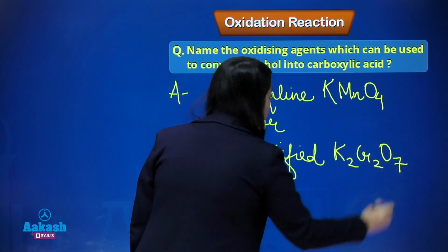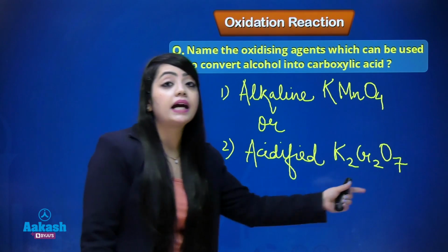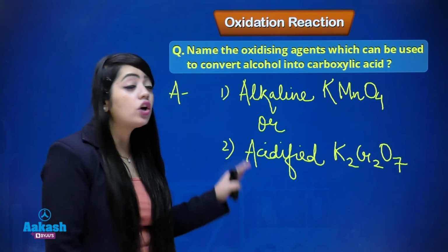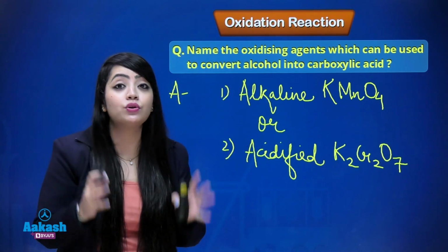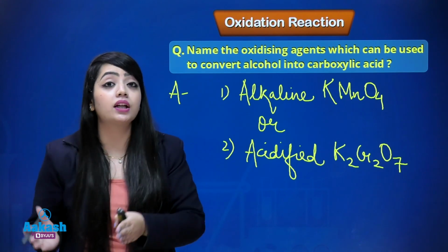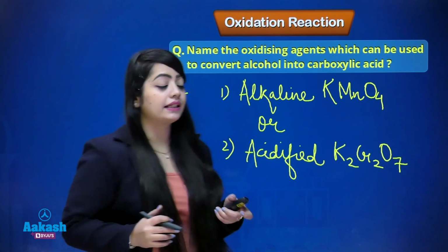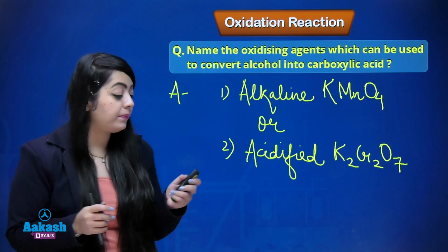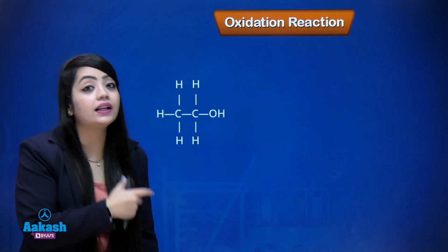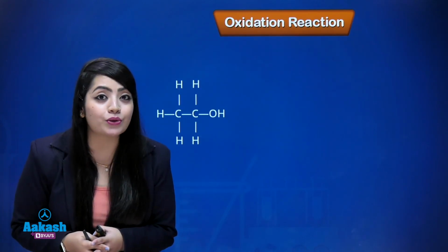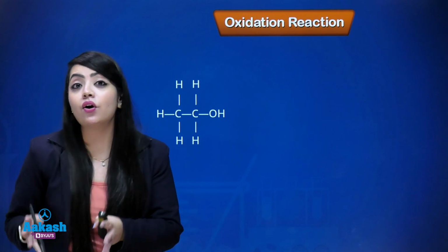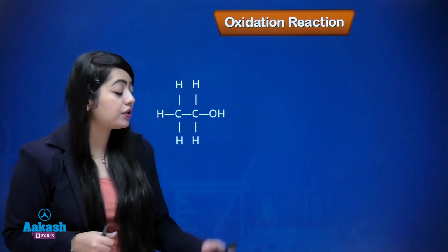K2Cr2O7. Now what is this? This is known as potassium dichromate, right? If we use any one of these oxidizing agents, what will we get? We can convert alcohol into carboxylic acid. Now let us see what will happen if I oxidize this alcohol. What would be the name of this alcohol, students? Yes, that would be ethanol because it has two carbons, right students?